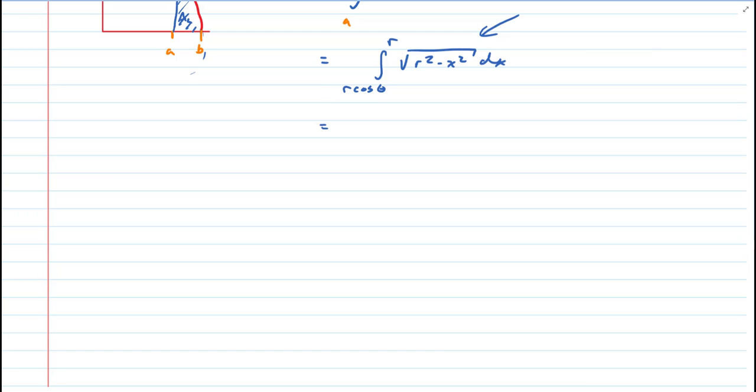So I'm asking you to take on faith that this integral eventually, with all of our assumptions, will simplify to 1/2 r squared theta minus 1/2 r squared cosine theta sine theta. And again, you'll need to justify that if you're looking to do a formal proof.